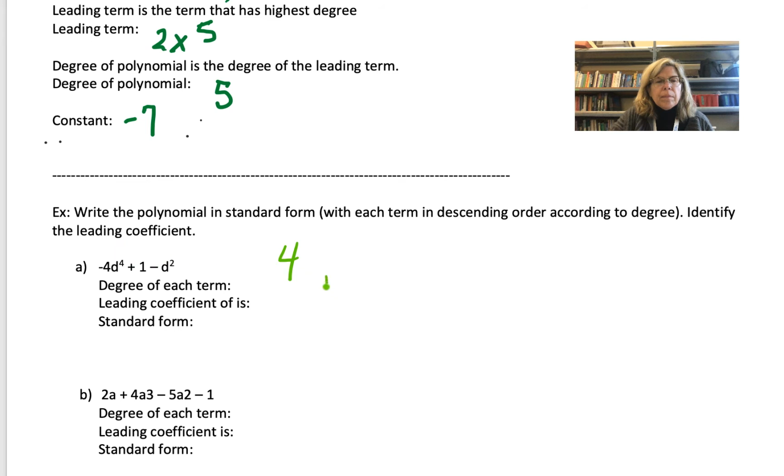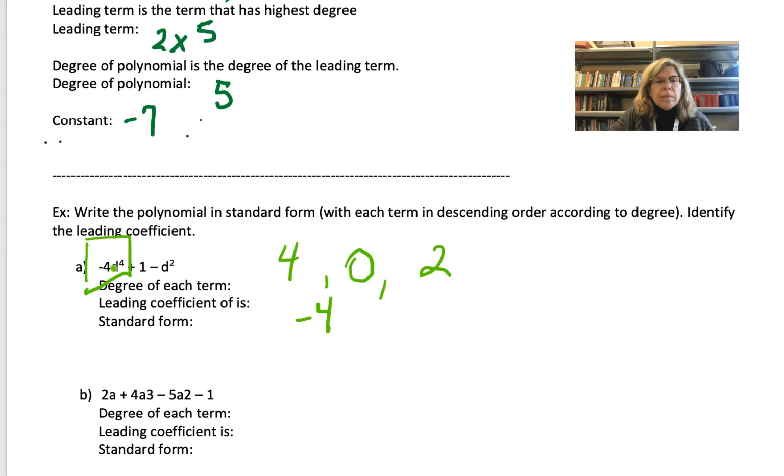The degree of the second term is 0 because it's just a constant. And the degree of the third term is d to the 2nd, so its degree is 2. The leading coefficient is the coefficient of the term that is the leading term. So the leading coefficient is minus 4.